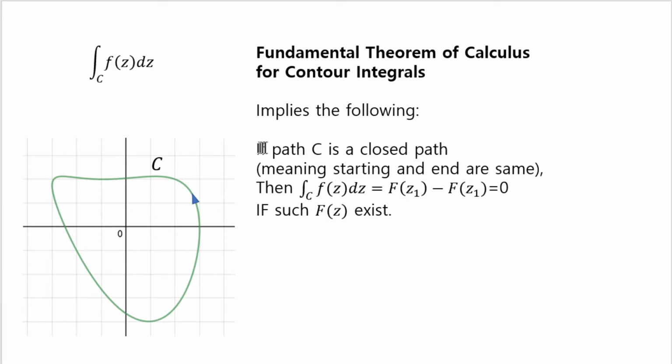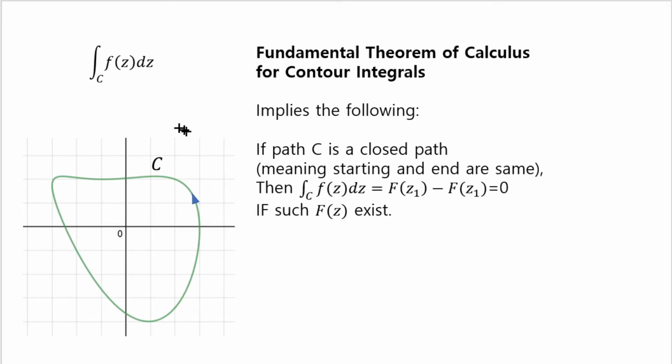So if path C is a closed path, then the fundamental theorem of calculus says, let's say this point is z1, then that's the beginning, and you go all the way around and you come back to z1, so you end up doing F of z1 minus F of z1, which gives you 0.